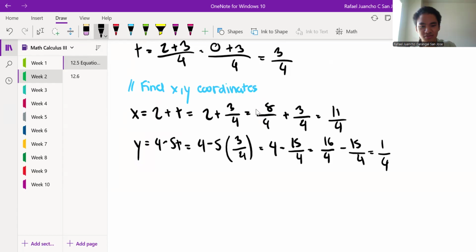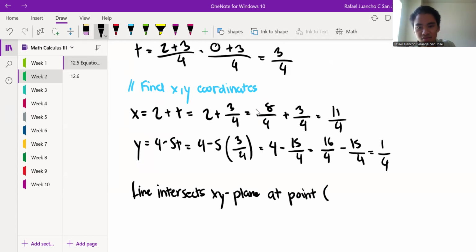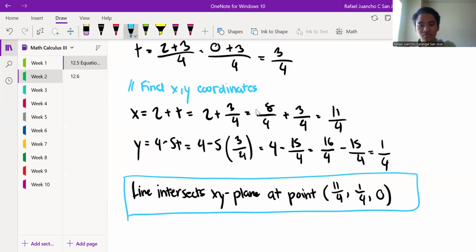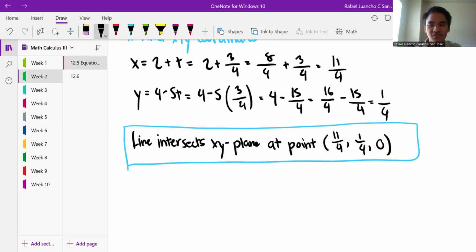So it intersects. So I'm going to say the line intersects the xy plane at point, I call it S, point S, with x value, y value, and z value 11 over 4, 1 over 4, and 0.